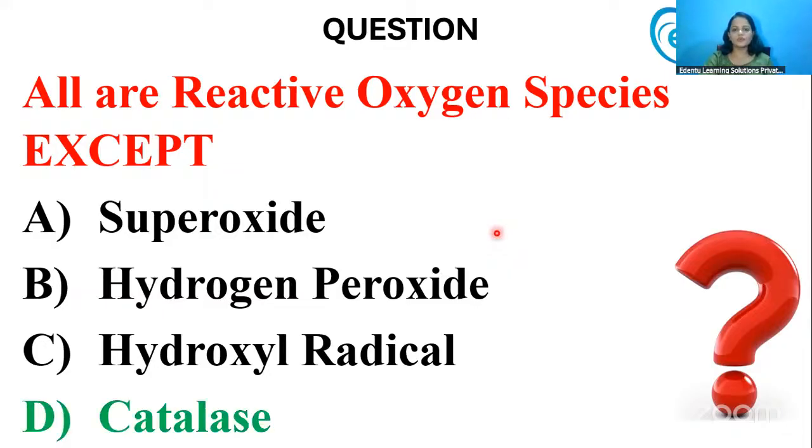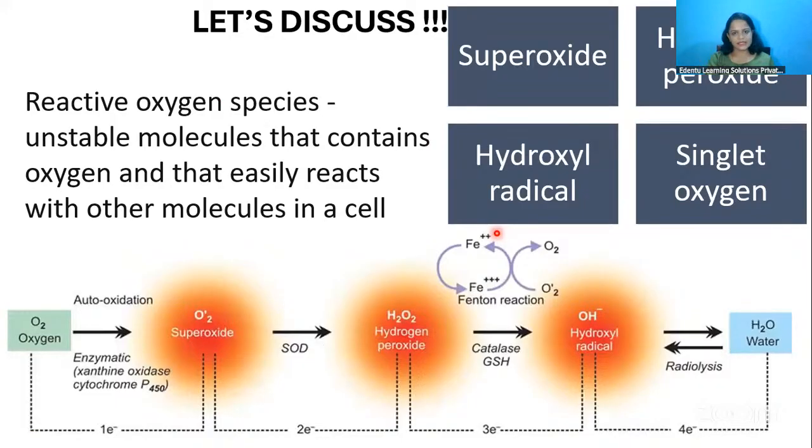Almost all cells require oxygen for their function and for energy production. Almost 95% of the oxygen that goes inside the cell is utilized for energy and other purposes.